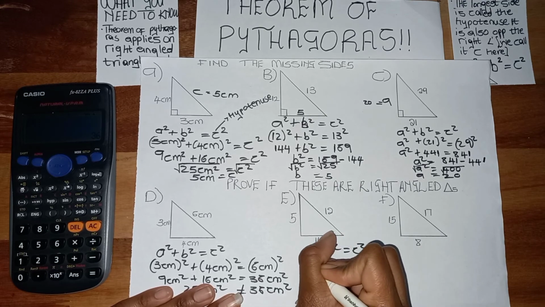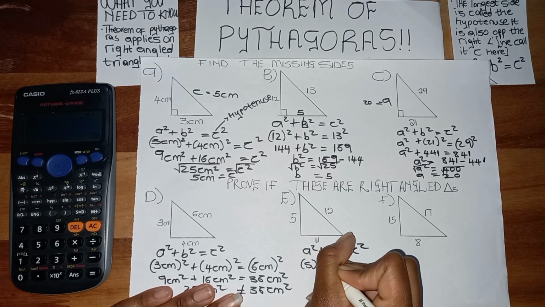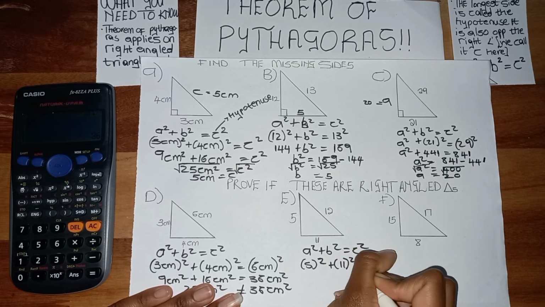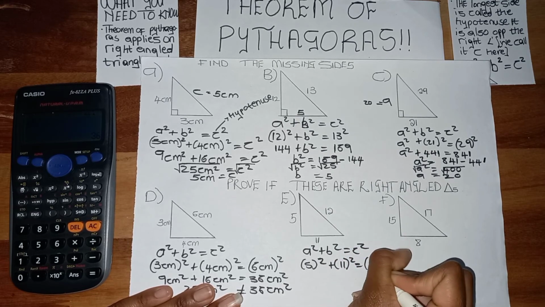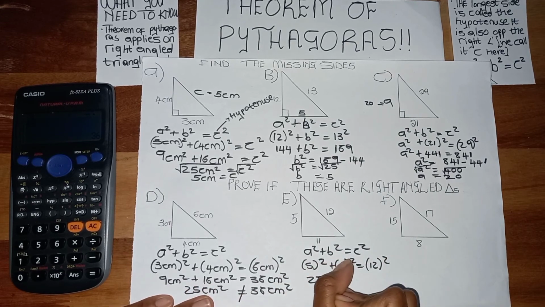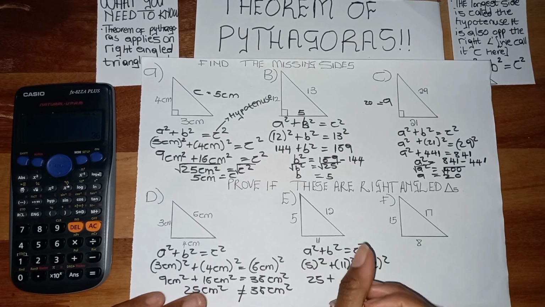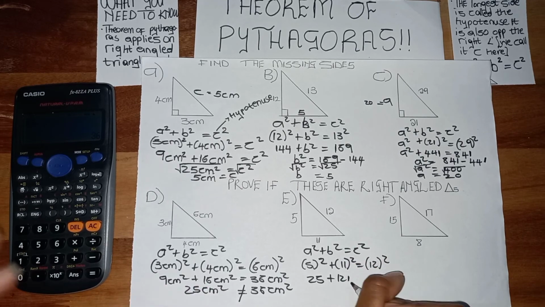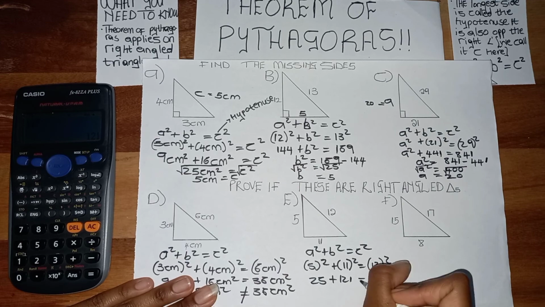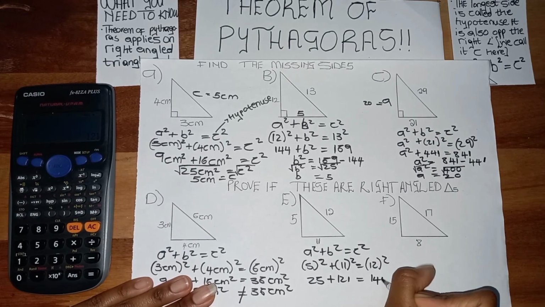So now we're going to substitute 5 squared plus 11 squared equals 12 squared. So 5 squared equals 25 plus 11 squared, I think it's 121. Let's just confirm that. Yay, it's 121. 12 squared is 144.